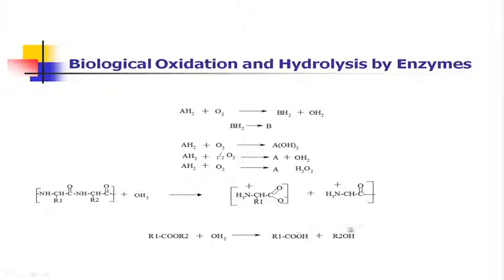So, this degradation of polyesters by the action of enzymes is basically an enzymatic oxidation process that produces fragments containing acids and alcohol groups. So, the products will become acidic in nature.